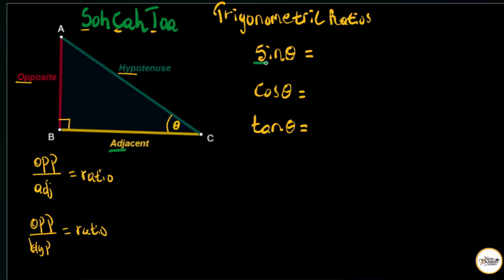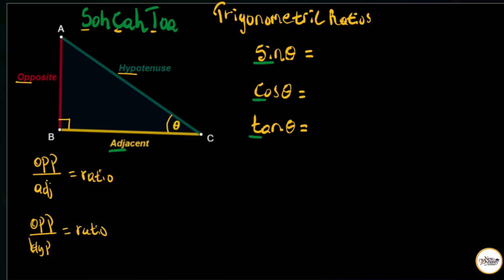The S is for the sine, the C is for the cos, and the T is for the tan. So we have taken the first letters of our trigonometric ratios, together with the sides of our right angle triangle. So the O here is for opposite, the H is the hypotenuse, the A is the adjacent.